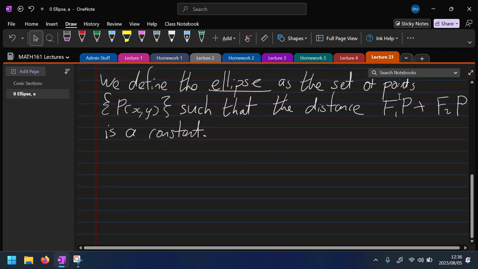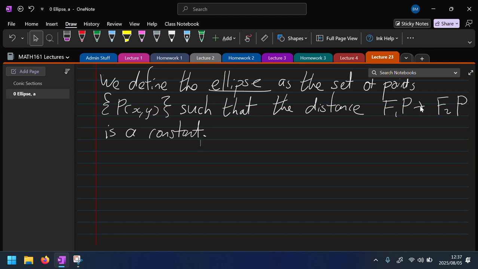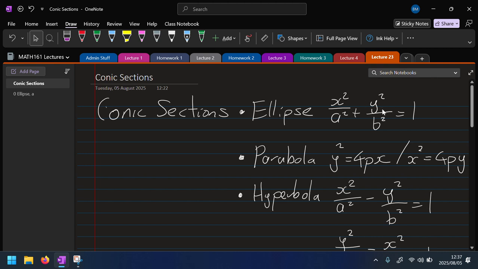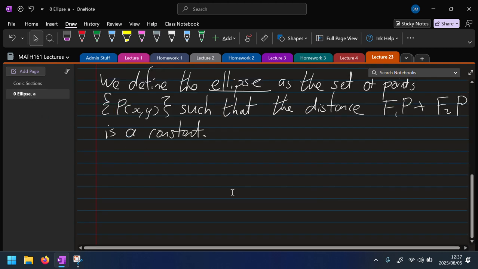Okay, so given this constraint here, F1 to P plus P to F2, that is fixed. What we want to do is start with that and end up with this. We're going to end up with that over here. That's the idea. And we're going to do the same for the other two. So let's write out the constraint.